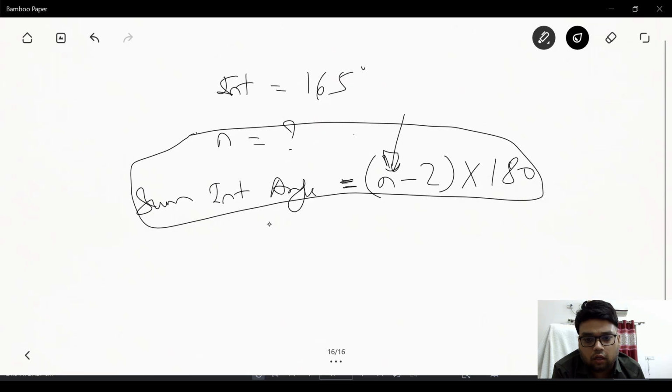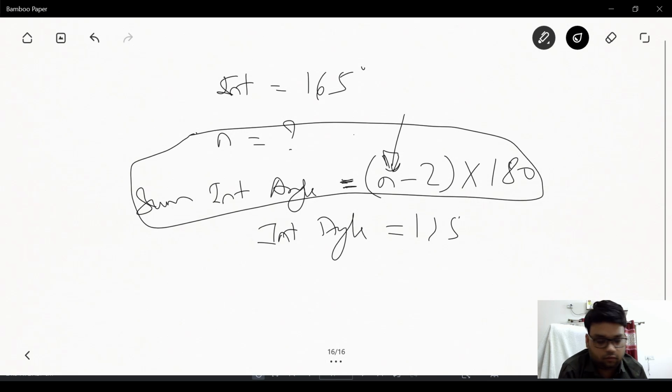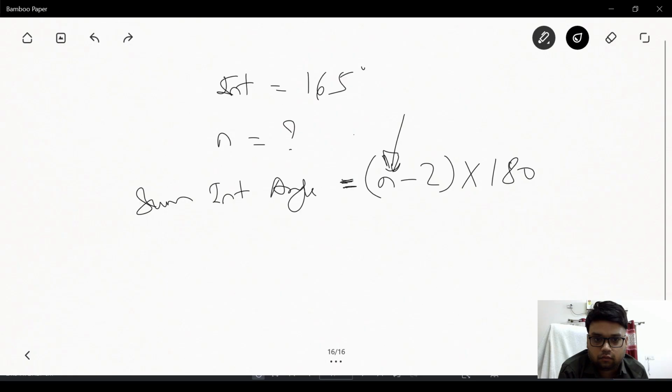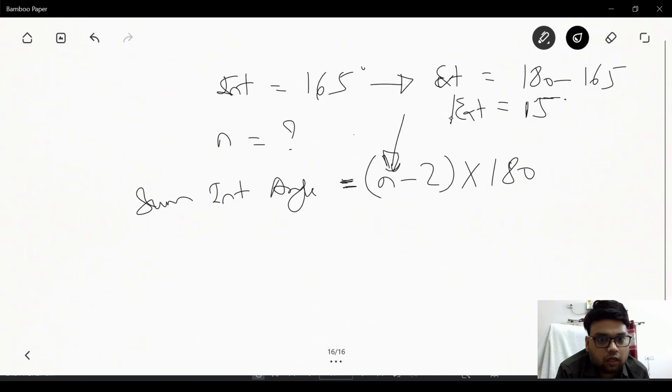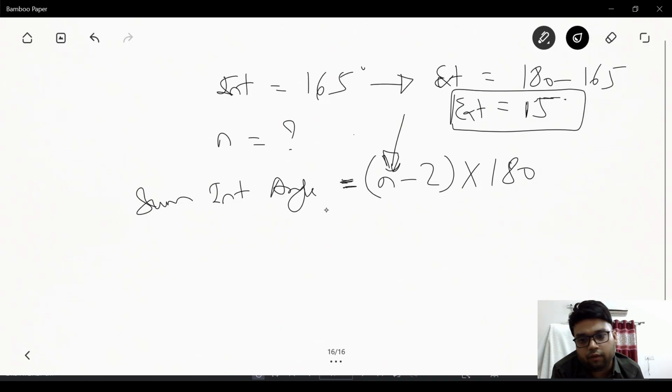If the interior angle is given as 165 degree, it simply means the exterior angle will be equal to 180 minus 165, which is equal to 15 degree. Exterior angle will be equal to 15 degree.